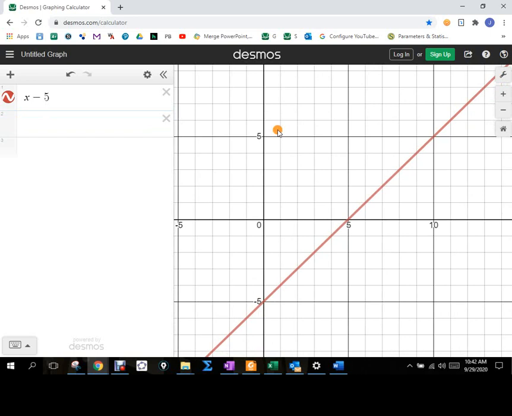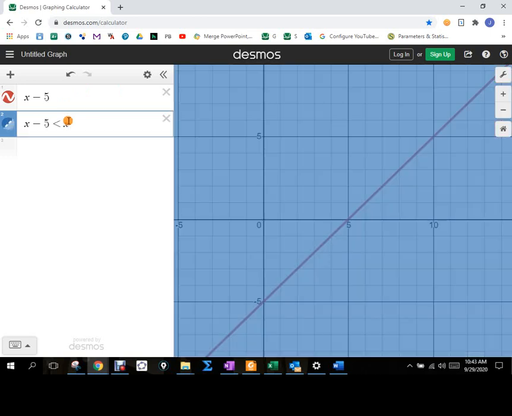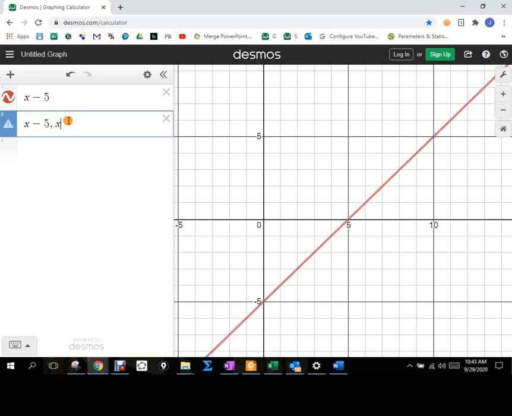What the absolute value does, this would be like the absolute value of x minus 5 equals y. It takes every single y value and either keeps it positive or makes it positive. Does that make sense? So there are some y values on this line. Specifically, let's go x minus 5 for values of x less than 5.